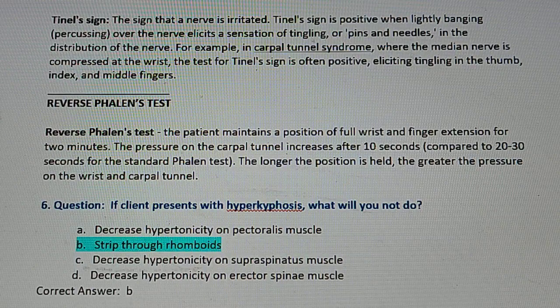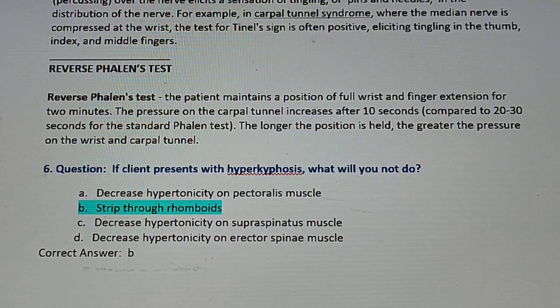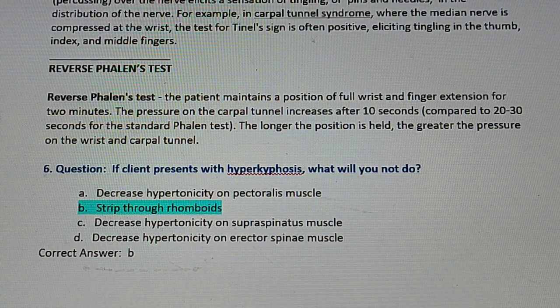All right, so next is question number 6. If a client presents with hyperkyphosis, what will you not do? Okay, so the choices are: A, decrease hypertonicity on the pectoralis muscle.